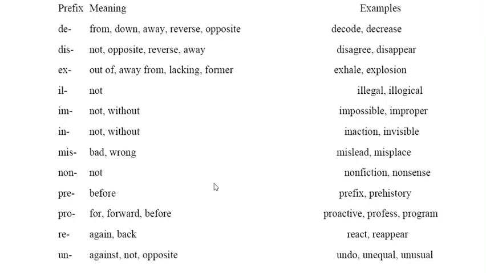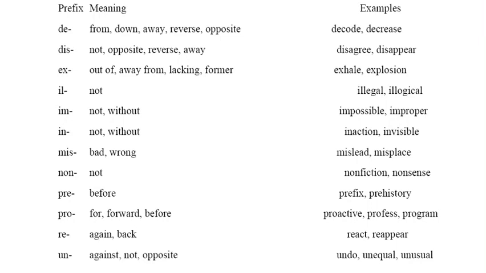Then we find dis, it means not, opposite, reverse, away, like disagree, disappear. Then we find ex, which means out of, away from, lacking, former. So examples can be exit, explosion.